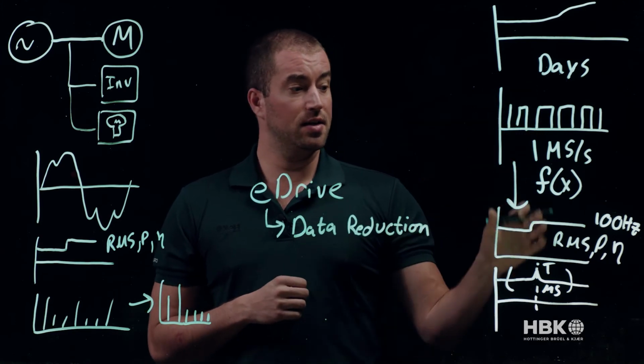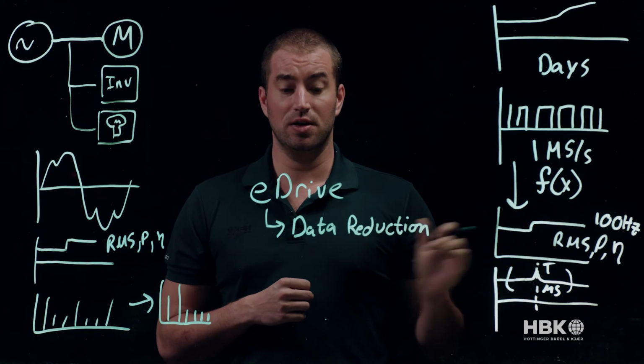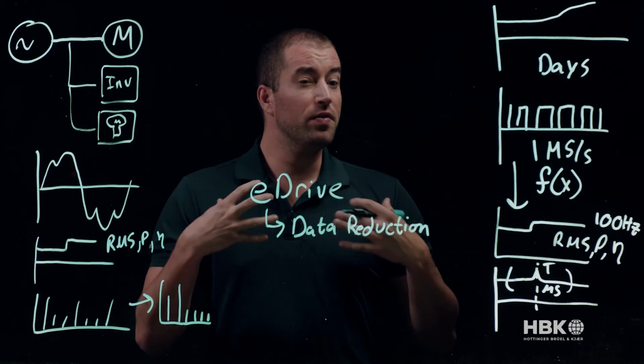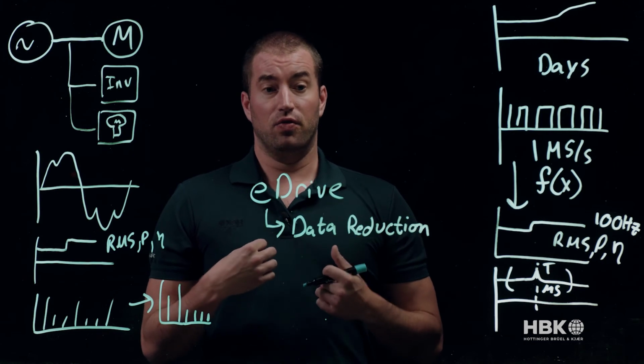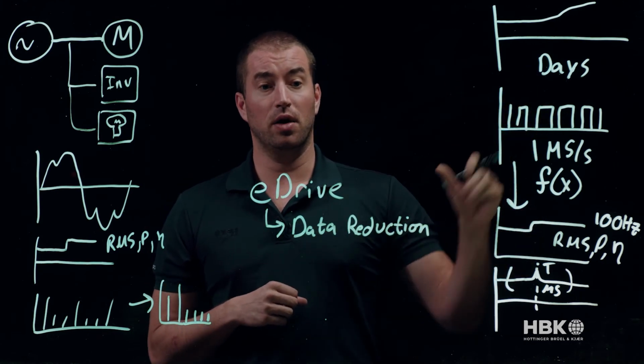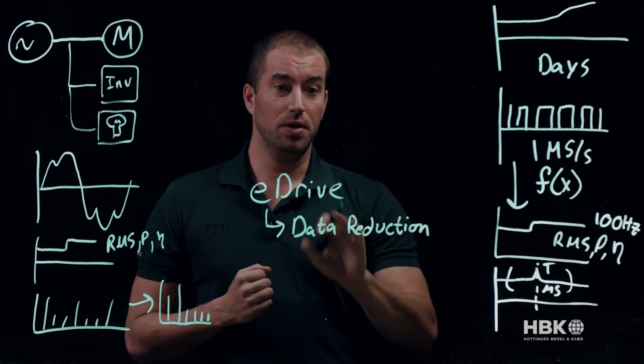So we're using that high sample rate to calculate these values and then just storing these values. So we can really reduce that data. And we have the ability to store data for as long as you have hard disk space. So if you want to store it for days, weeks, and months, it's an easy ability because of these data reduction tools.